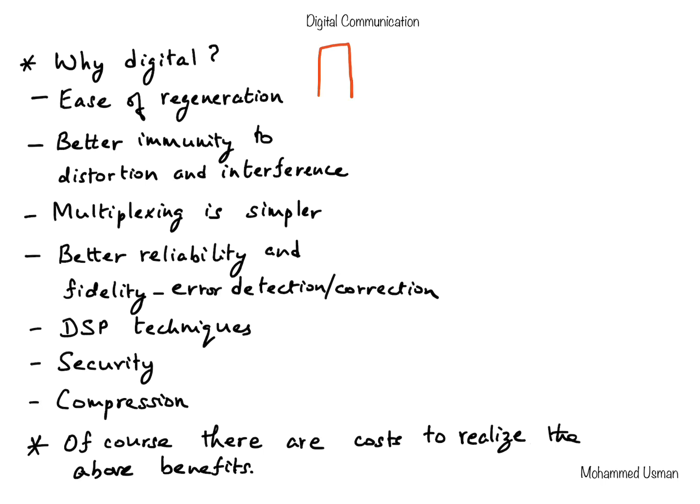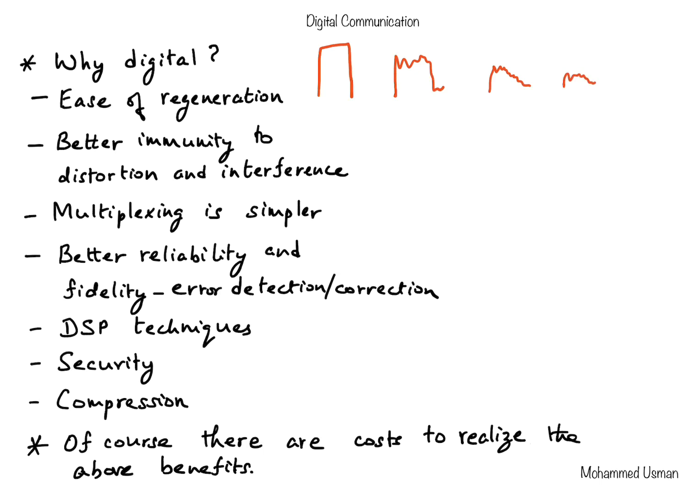One of the effects is that the pulse would get weaker and weaker, so its height or its amplitude will become smaller. And the second effect is that it also gets distorted. That means there would be external noise or interference from other signals which would cause this pulse to get distorted. So it may be something like this, and a further distance away it will be even weaker, and even weaker, and so on.